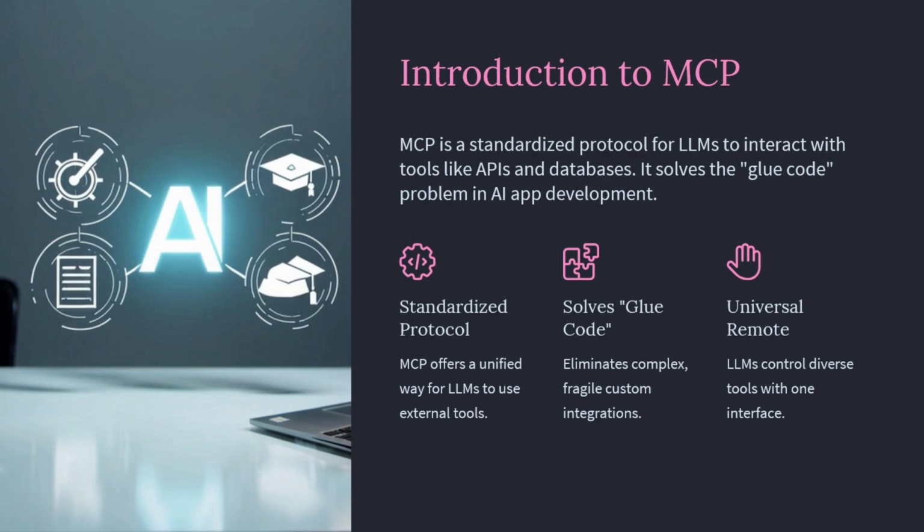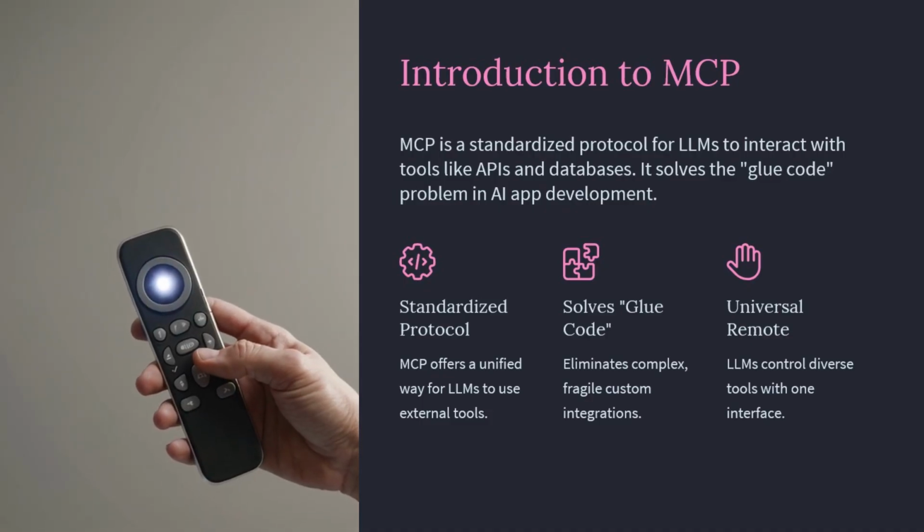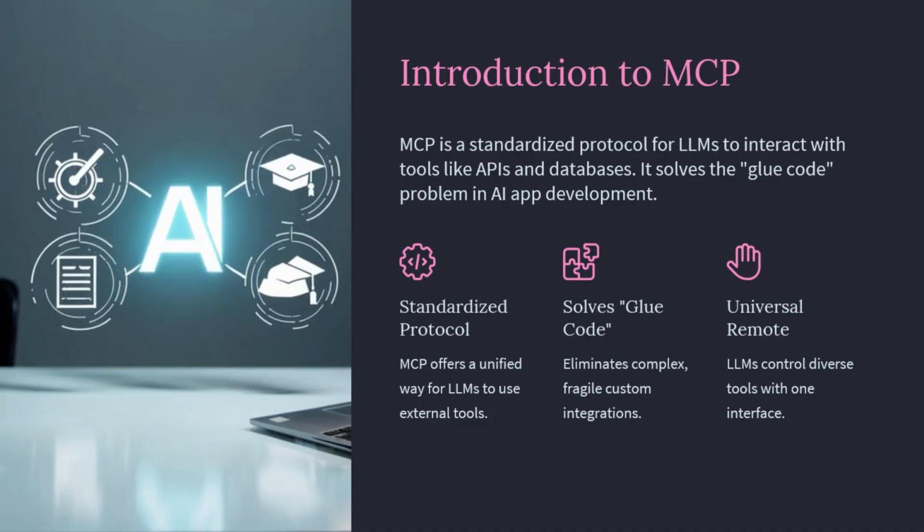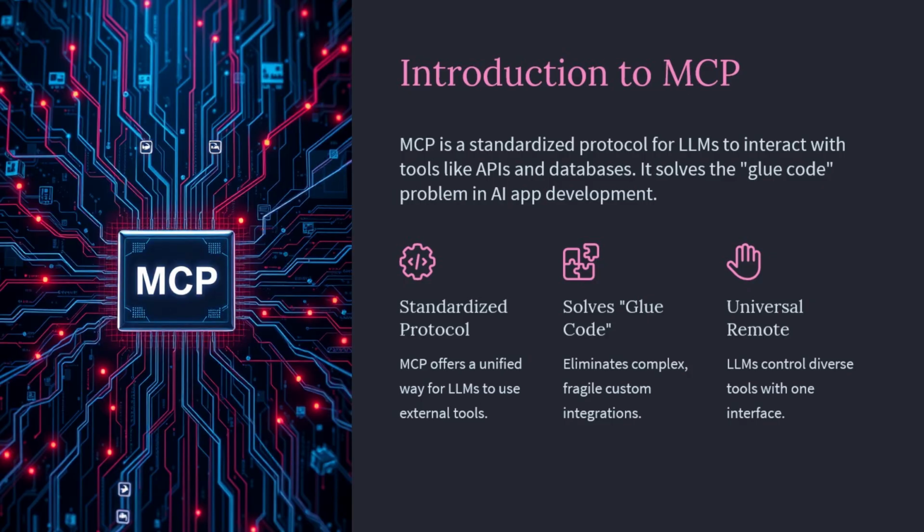One of the biggest headaches in AI app development is what we call the glue code problem, all those messy, custom integrations that are hard to maintain. Well, MCP solves that by providing a unified approach, so you don't need to reinvent the wheel every time. Think of it like a universal remote control. Instead of juggling multiple tools with different interfaces, MCP lets LLMs operate them all through one simple, consistent system.